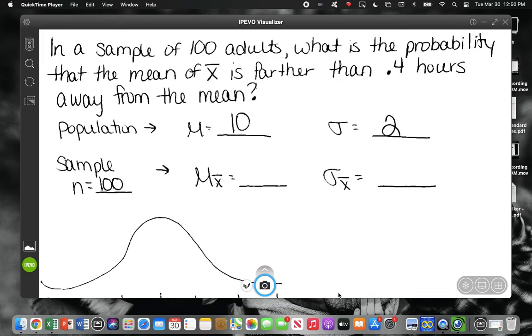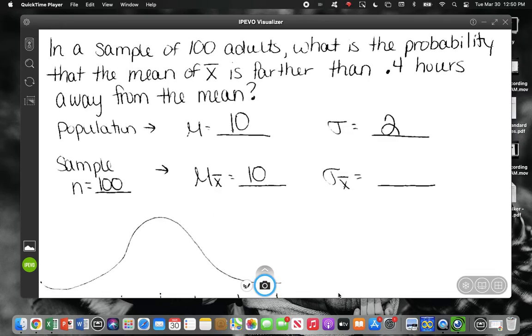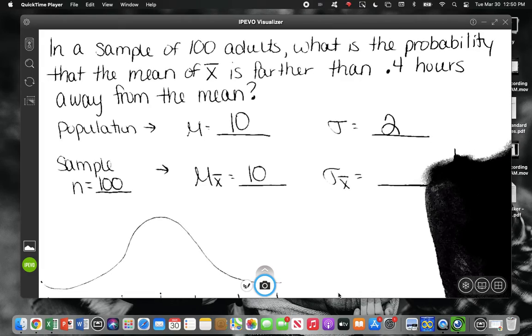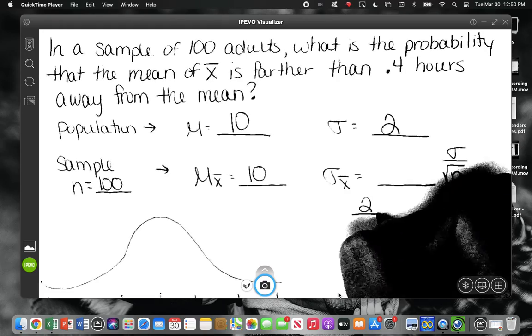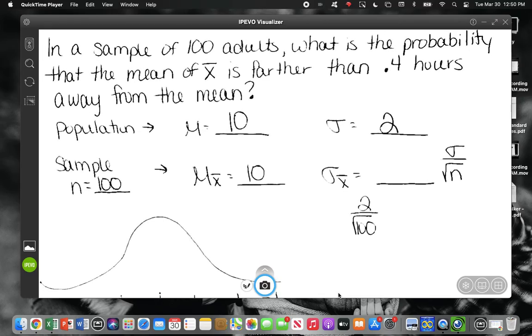Does the mean change ever? No, the mean's going to stay 10. Now, whenever you change the sample size, it does change the spread. So if we take the standard deviation and divide it by the square root of the sample size, what is 2 divided by the square root of 100?